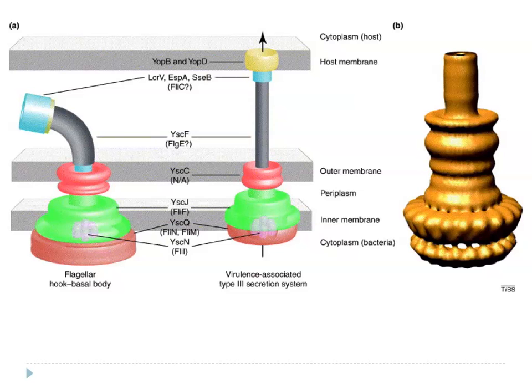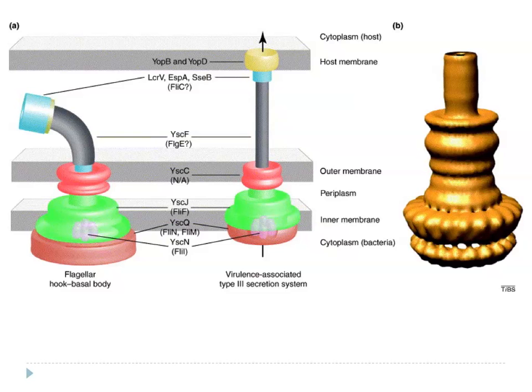Now, you've come across the flagellar basal body and the hook before. The virulence-associated type 3 secretion system, or non-flagellar type 3 secretion system, has very similar structures. There's clear homology at the level of the protein sequences, at the level of the structures of many of the proteins, and in the way in which they are deployed together in this multi-protein complex.